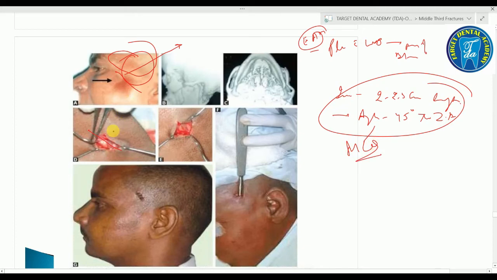After making the incision, you have to take care to avoid any injury to the superficial temporal vessels.